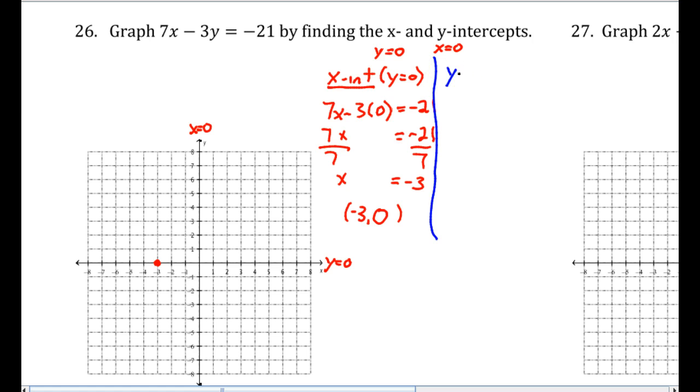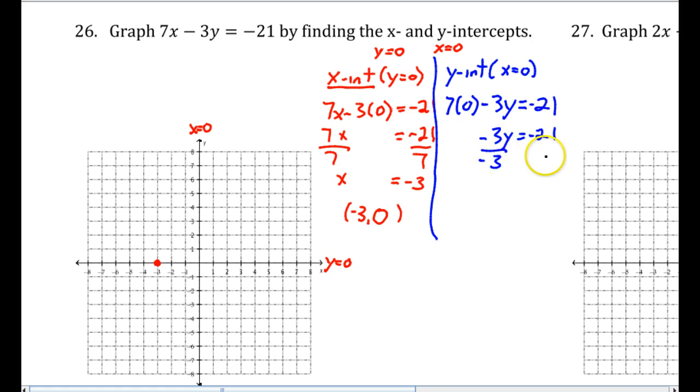Let's do the same thing for the y-intercept, which means x is equal to 0. So this time it's 7 times 0. Notice how the 0 is on the other variable now. Minus 3y equals negative 21. So we got negative 3y equals negative 21.